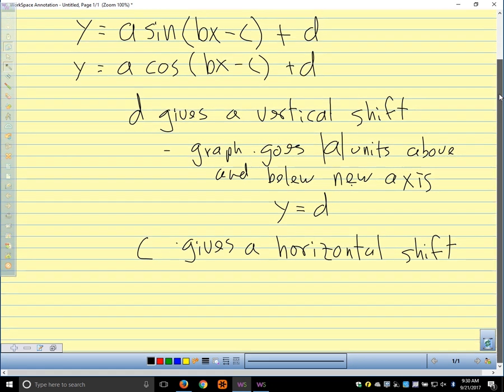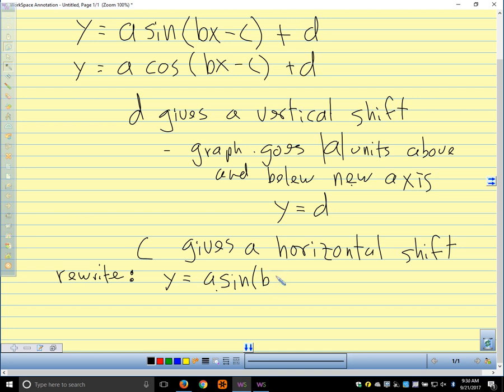So before we decide what our horizontal shift is, we're going to rewrite our functions. And I want to factor out this b. So I'm going to write it as y equals a sine b times x minus, and we factor a b out of the c.